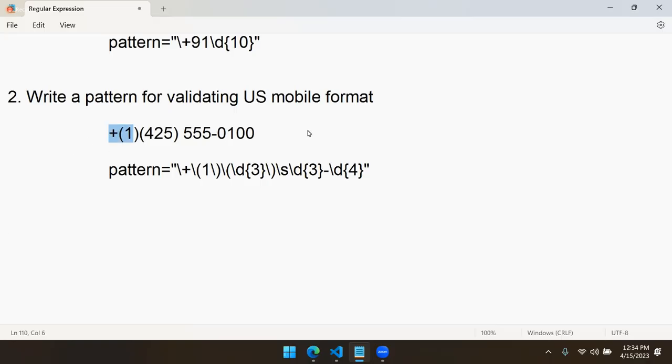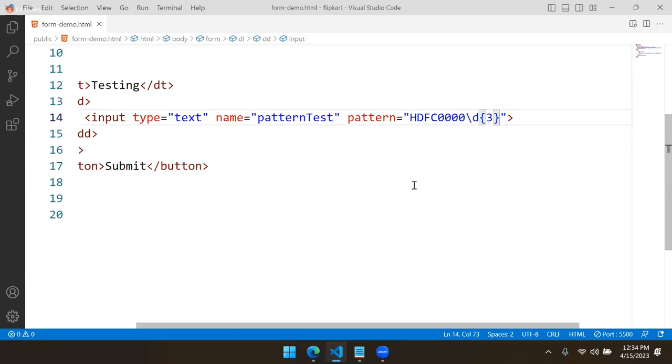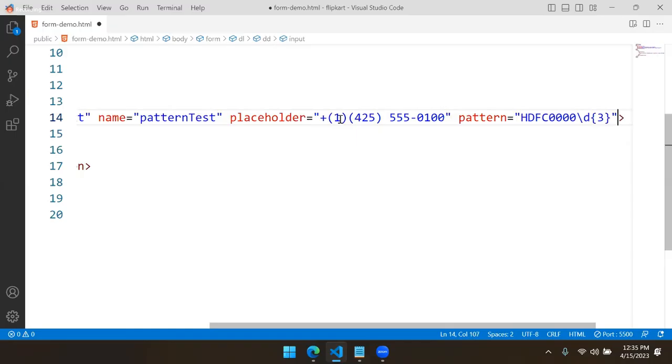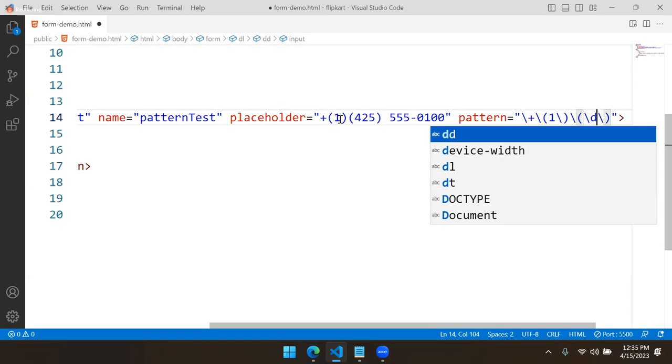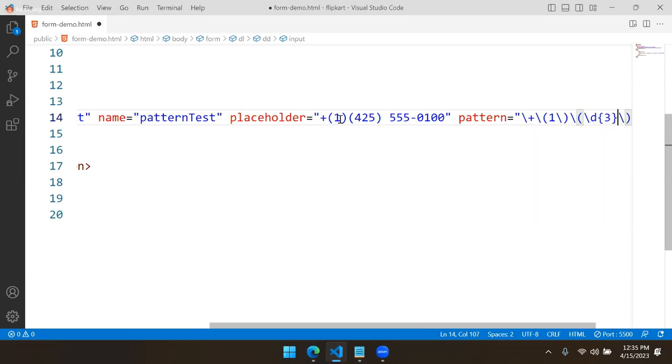Let's see here. Suppose I put a placeholder here, and the pattern we will write now. So slash plus, 1, then escaped parenthesis open and close. In that we need \d, how many? 3 digits.